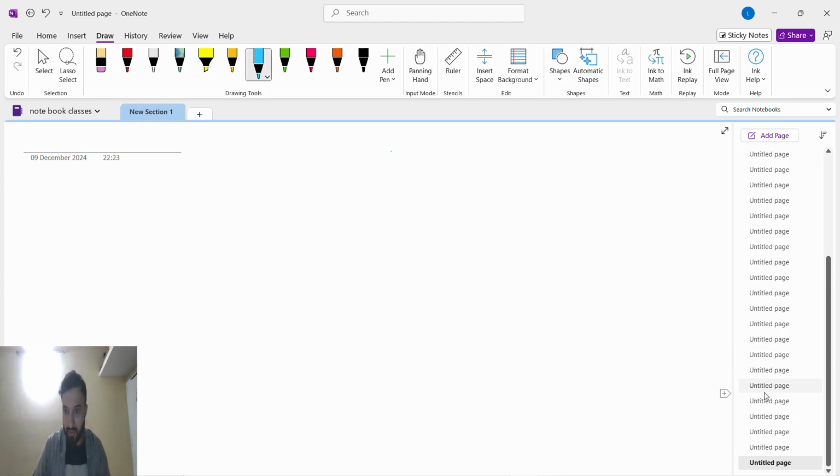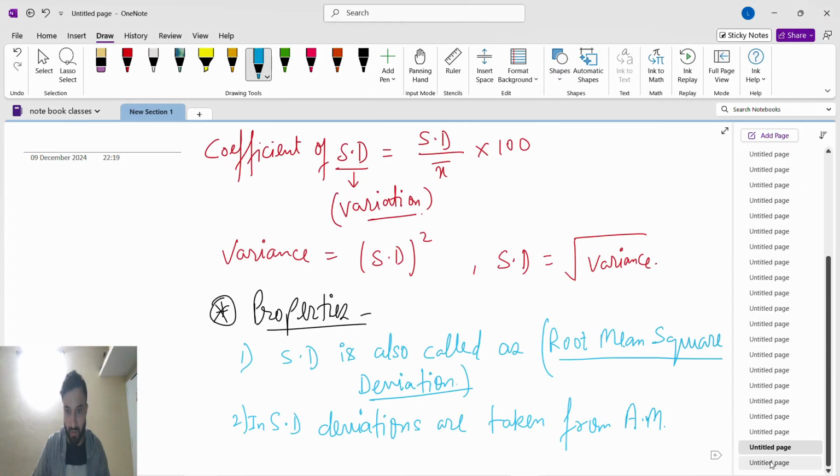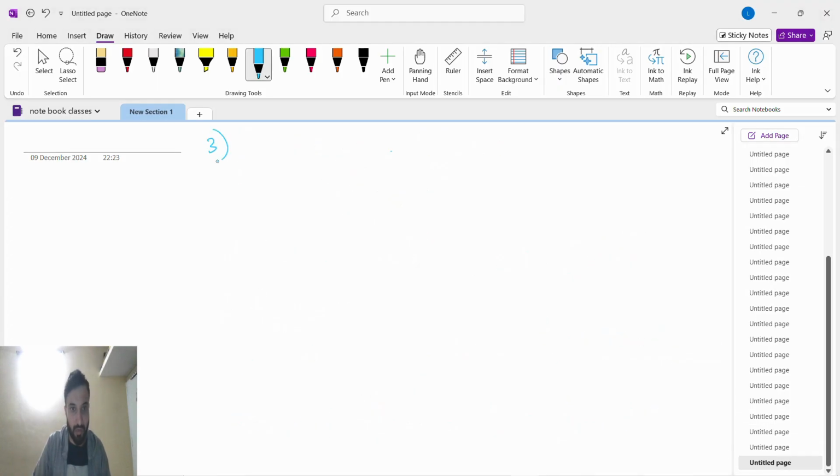Okay, so 1, 2 is done, so we'll write the third one, then we'll come to that one. Standard deviation of first n natural numbers. Remember, they can ask the formula directly, or they will ask problems. Anything they can ask.